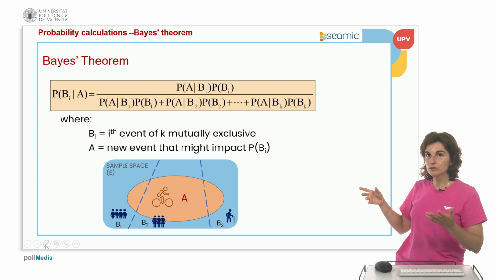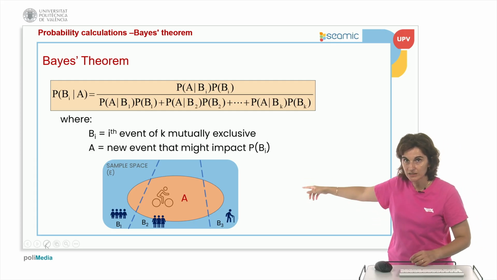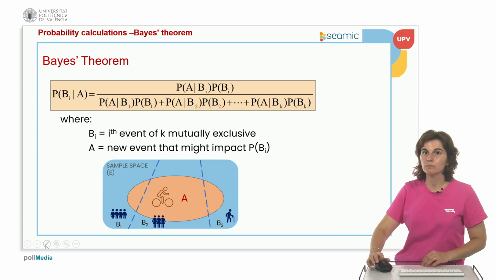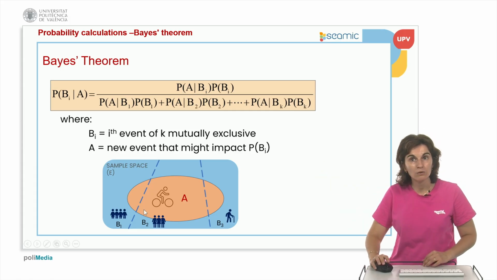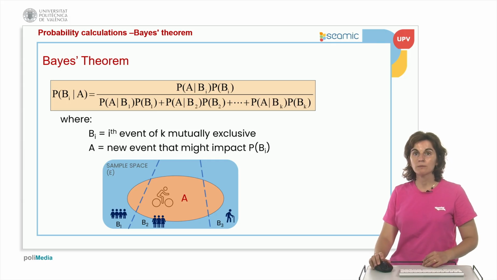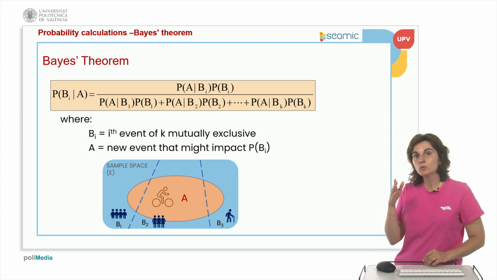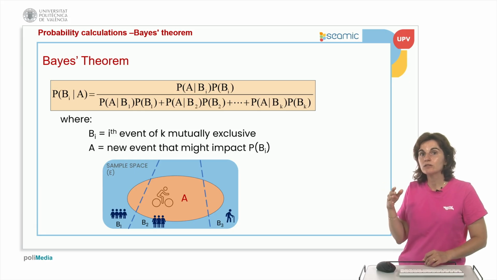So before, we learned to compute P of A, the probability of A. But now, with the Bayes theorem, we will be able to compute the probability of B1, knowing that the person we selected usually rides a bike on a daily basis.